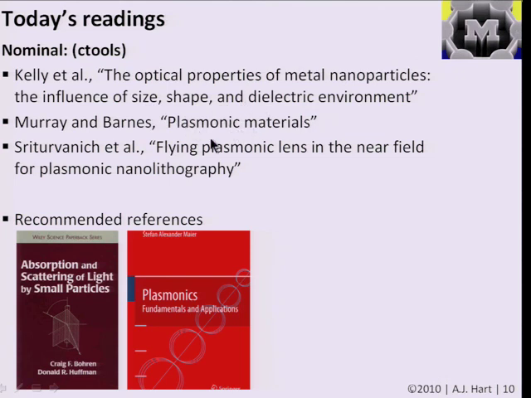And then the third paper is on the fact that you can use this SPR effect, as we'll see today, to create very narrow optical fields smaller than the wavelength of light. So you can essentially beat the diffraction limit, and there's some interesting work on that with application to very fine lithography.